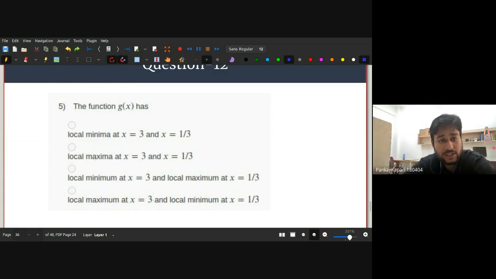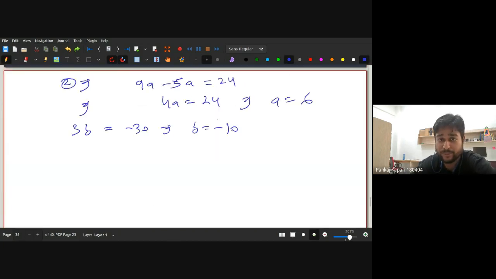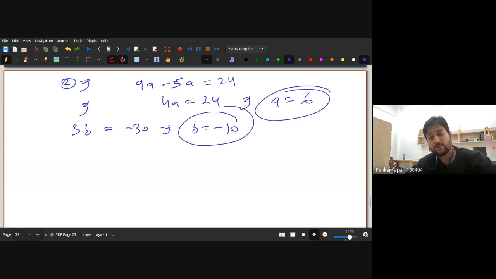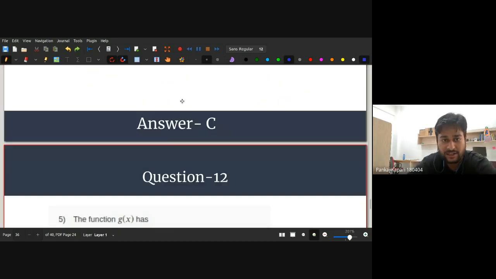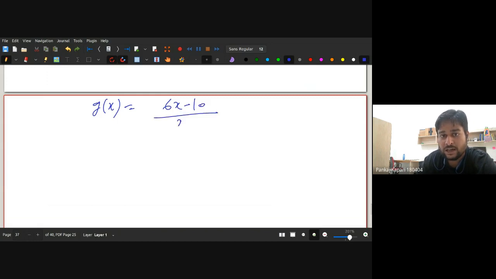Now this x equal to 3 is an extreme value only when a is 6 and b is minus 10. So we'll assume that our function is like this. So what is our function? g(x) was initially (ax plus b), but a is 6 and b is minus 10, so this is (6x minus 10) divided by x square minus 1. So this is our function.